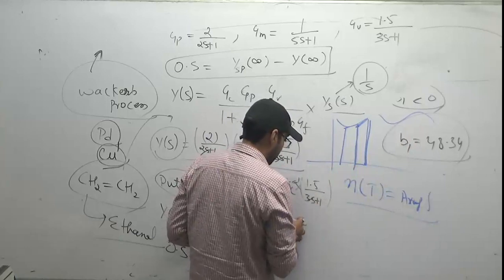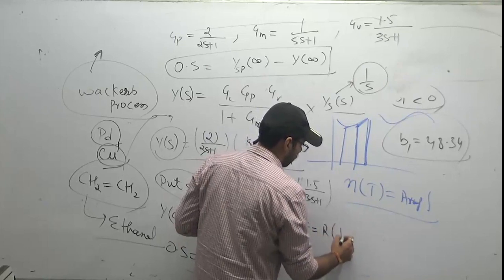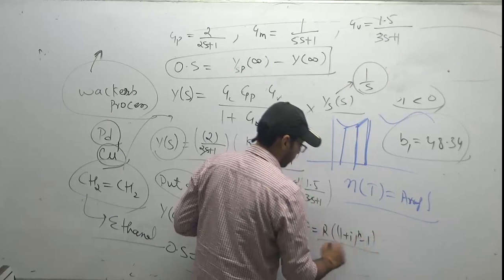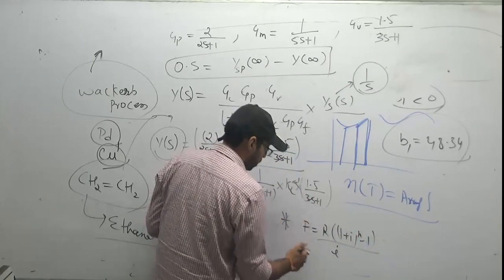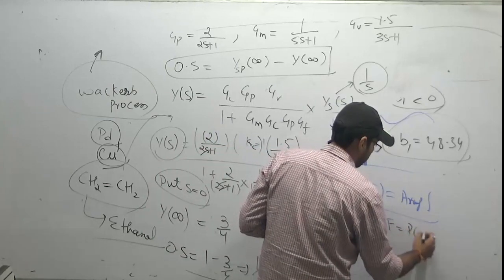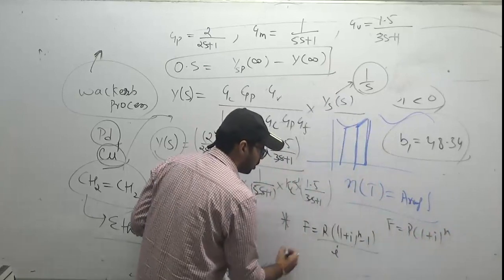We know that future value is equal to R into (1 plus I) power n minus 1, divided by I. You have to calculate present value. So we know that F is your what? P into (1 plus I) power n. Put the value here, you will get what?